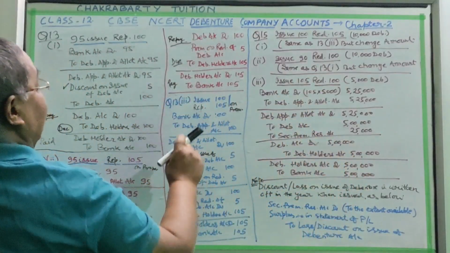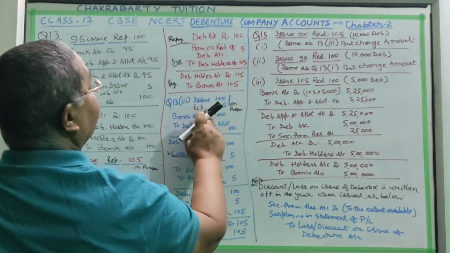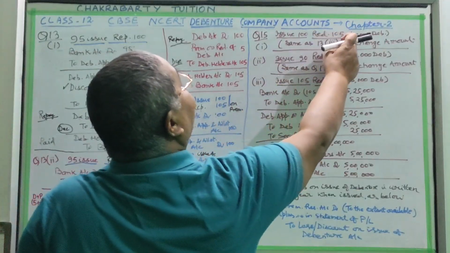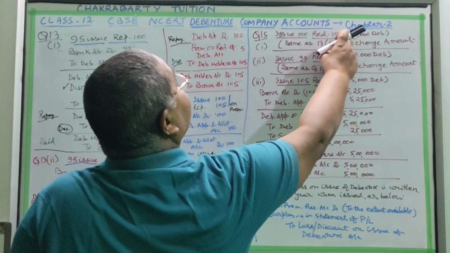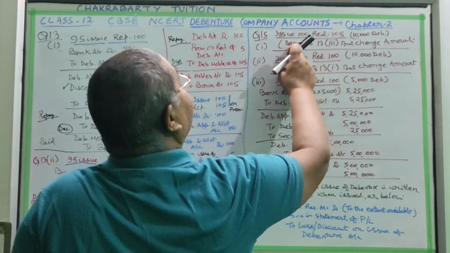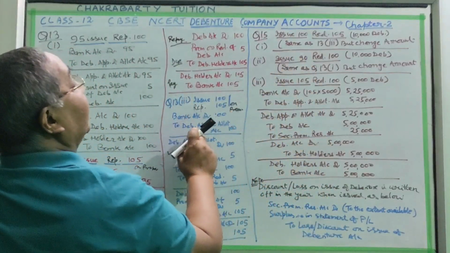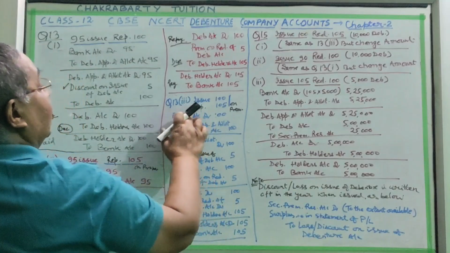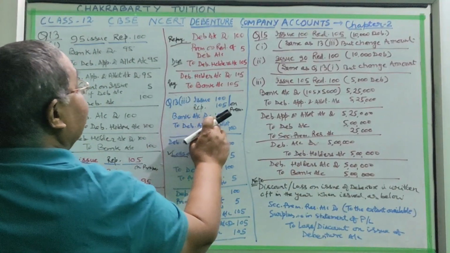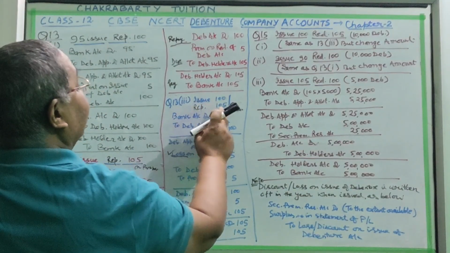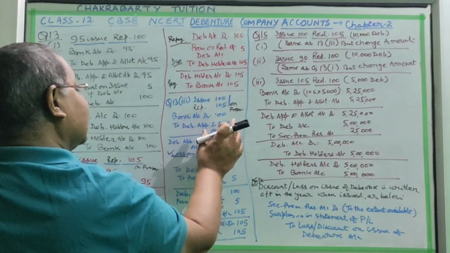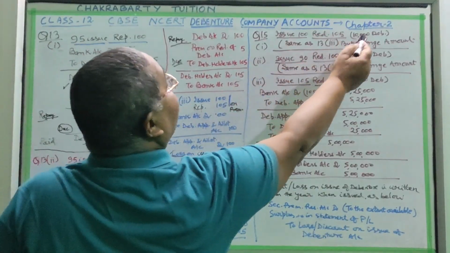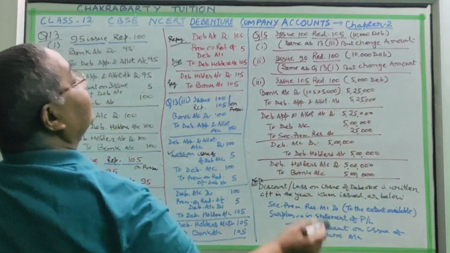We have just covered a question, issue 100, repayable at 105, meaning on premium. This 105 can be 108, 106, 107, but the entries will be the same as this one. So the same way you have to write the entry; the only thing is the amounts you have to multiply by 10,000 debentures.